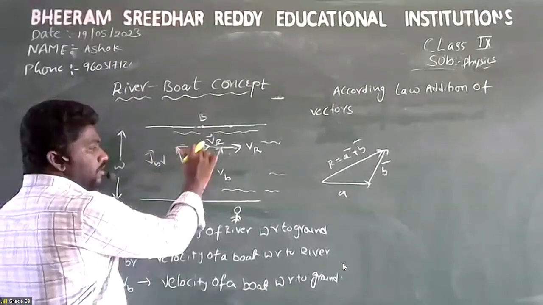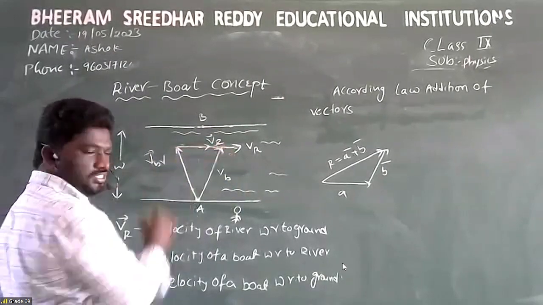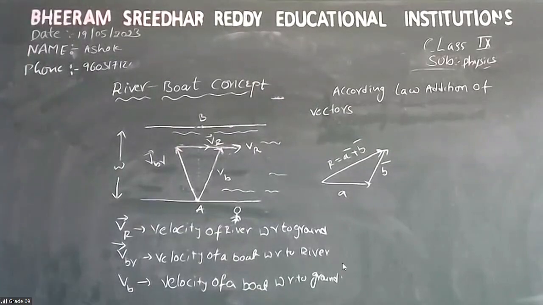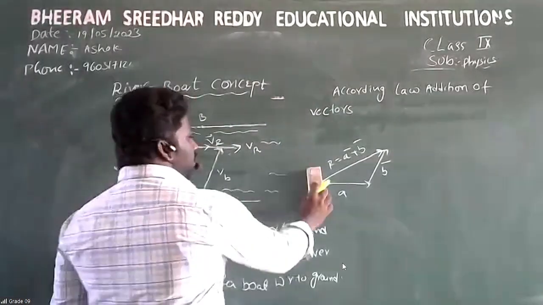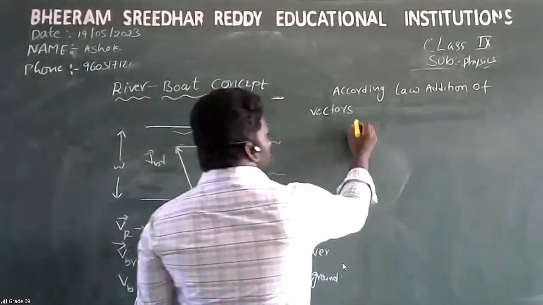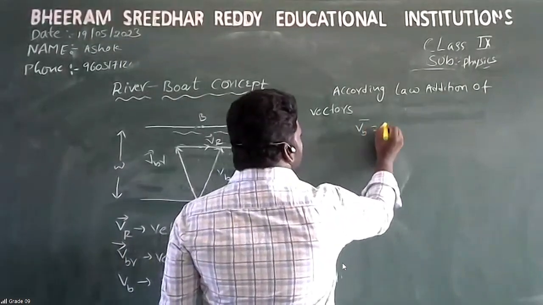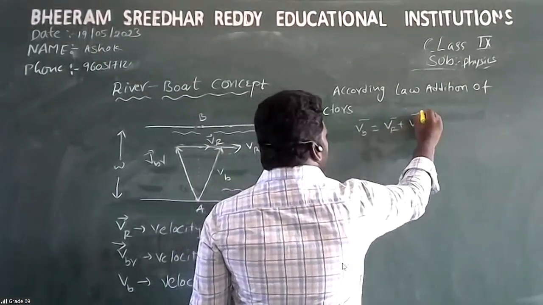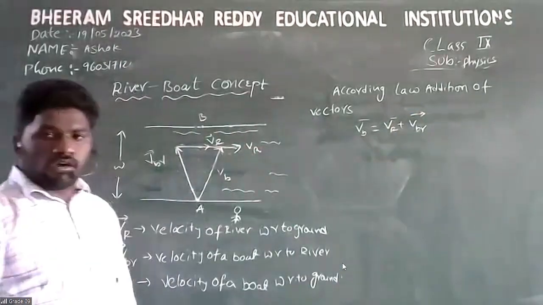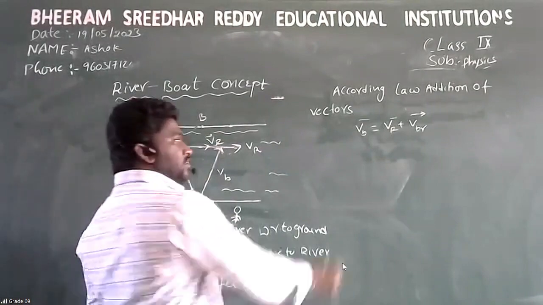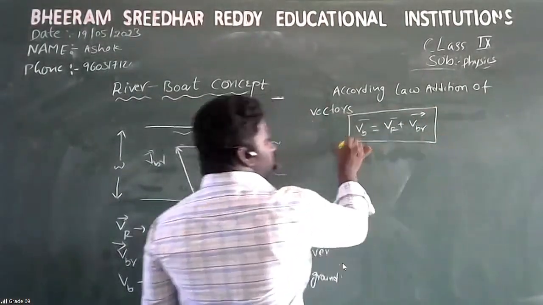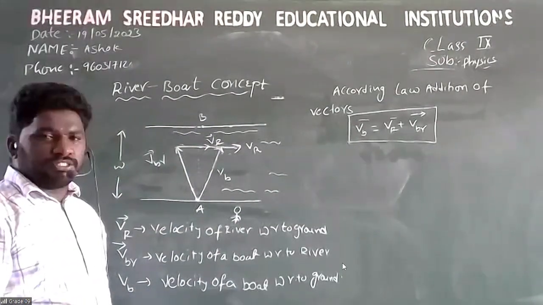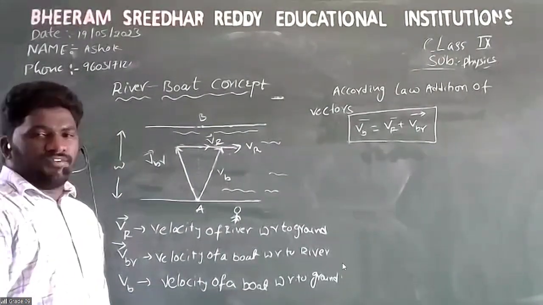The resultant of these two gives VB. So VB bar is equal to VR bar plus VBR bar. Do you understand this formula? The total problems will depend upon this formula only.